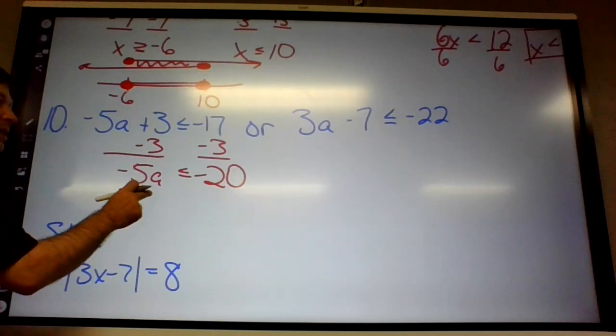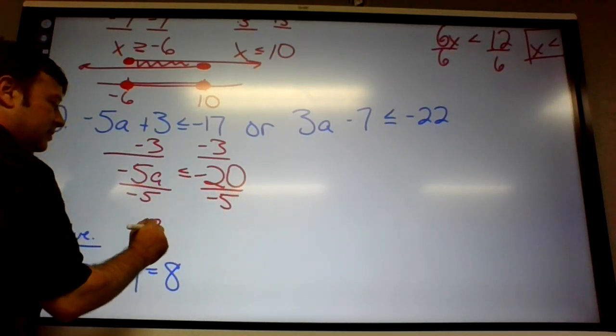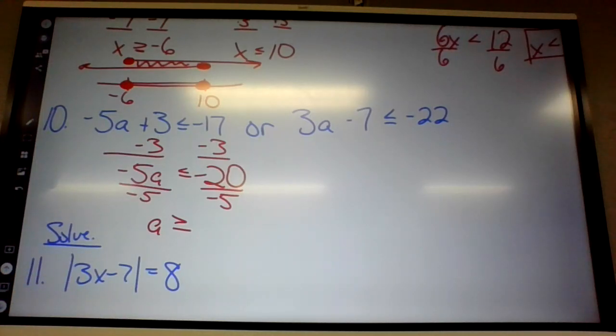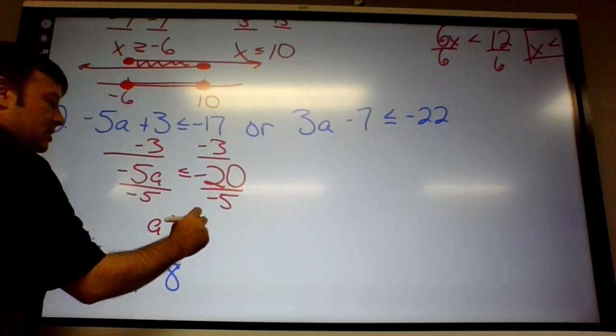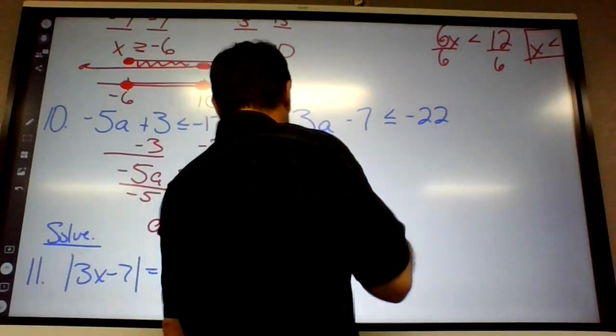Anyways, okay, on this one we have to divide by -5, so what happens? Wait a second. What are you doing? Subtracting 3, divided by -5. Okay, because we divide by a negative, the inequality switches.